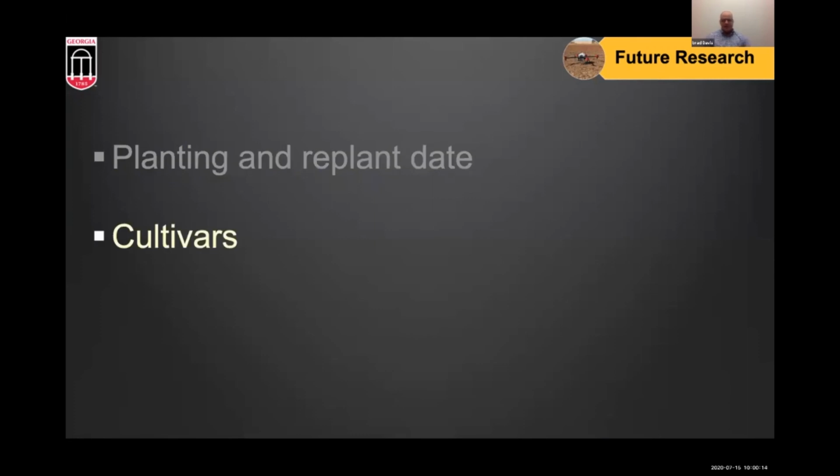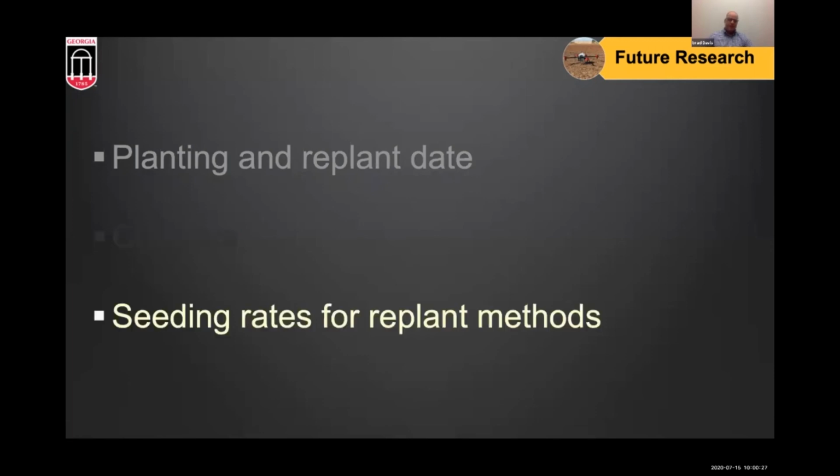Cultivars, I would like to look at some of the high oleic cultivars, as well as some of the newer varieties that came out, to look at the susceptibility to TSWV in relation to those gaps. And then seeding rates for the replant method. Is there a lesser rate that producers can use in order to achieve the same goal?